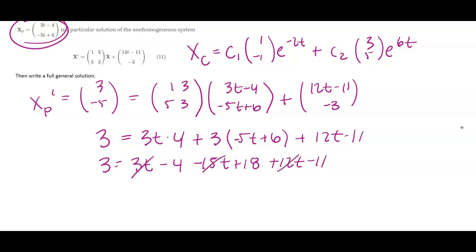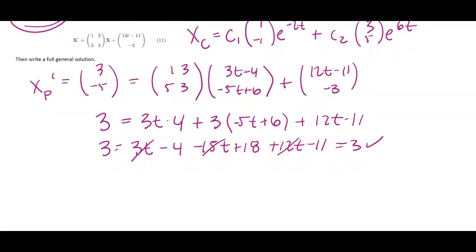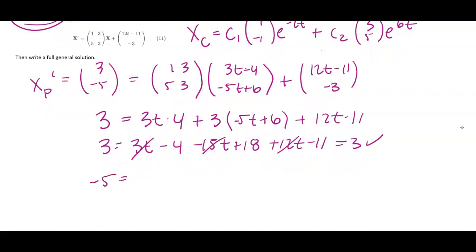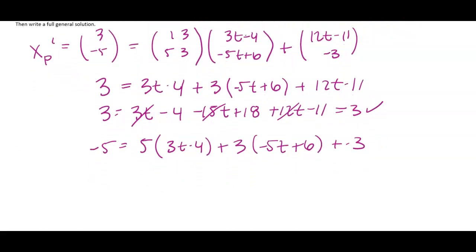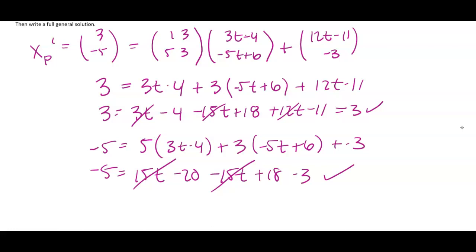These all cancel, and when I combine this, I do get 3. Yay! All right, negative 5: is that equal to 5 times 3t minus 4 plus 3 times negative 5t plus 6 plus negative 3? So is negative 5 equal to 15t minus 20 minus 15t plus 18 minus 3? These cancel, and I end up getting that that is the solution.